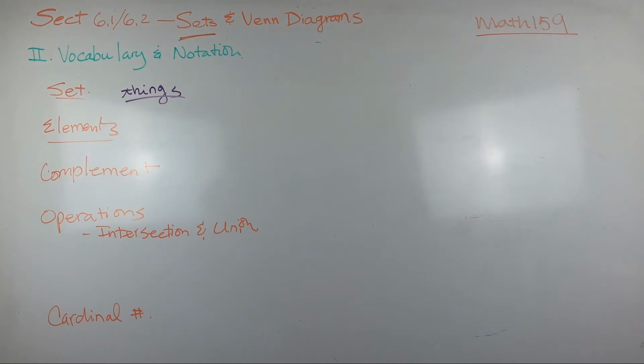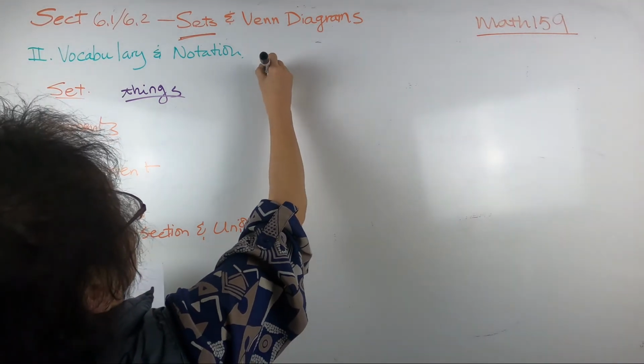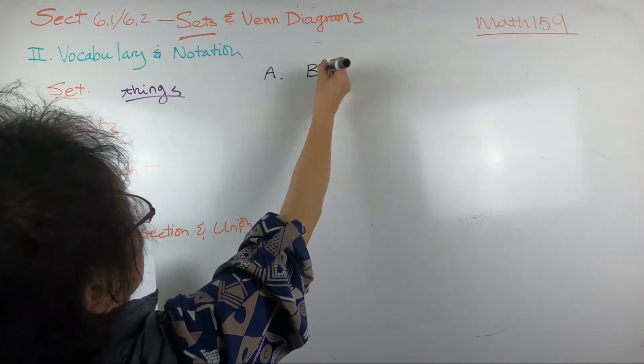So we just use the numbers for our convenience and to express the idea. So the symbol we use for a set is like a set A or a set B.